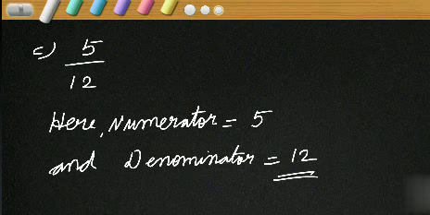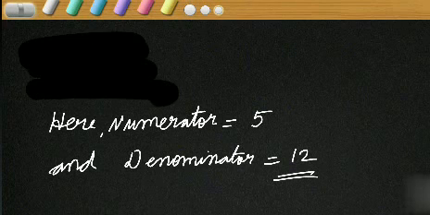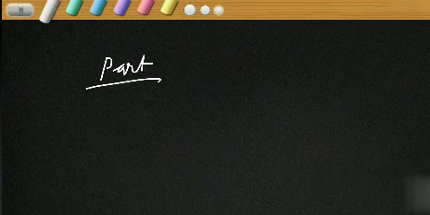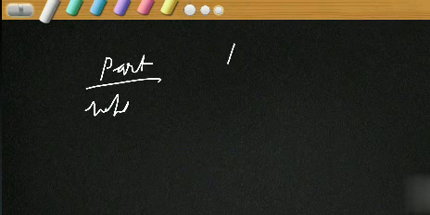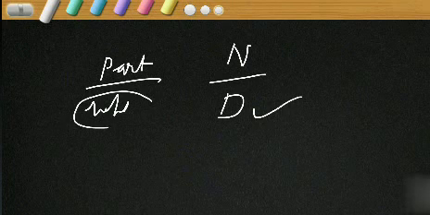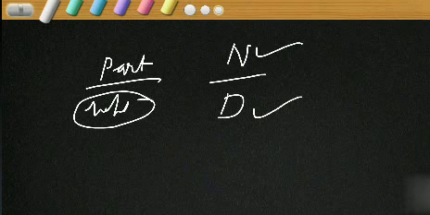So what has been discussed in this class? We have discussed the representation of fractions. A fraction can be represented as numerator by denominator, where the denominator represents the whole thing and the numerator represents the part of the whole thing.